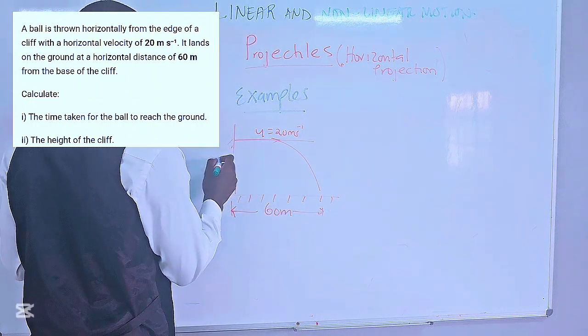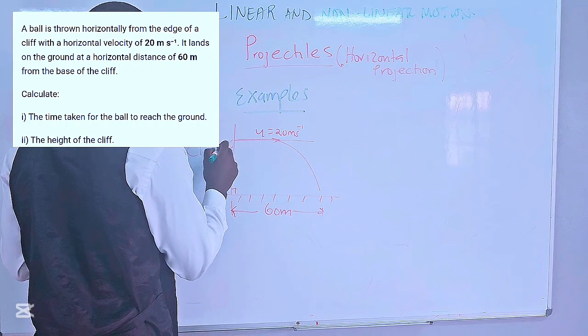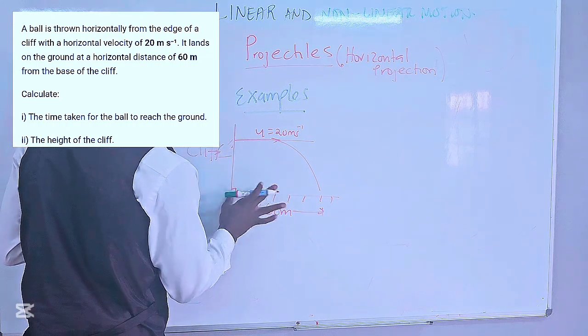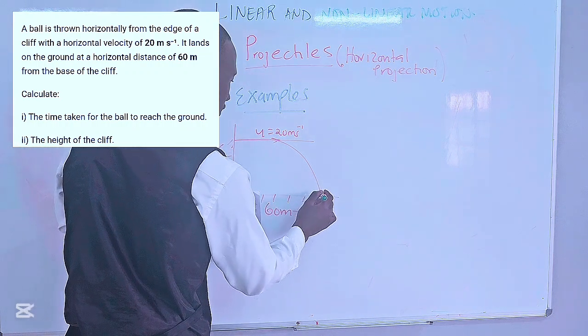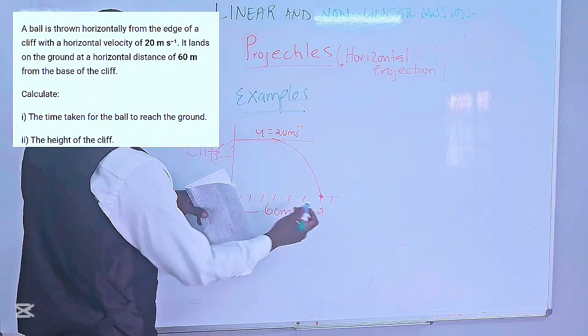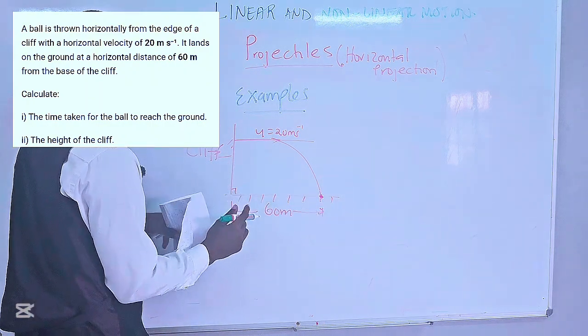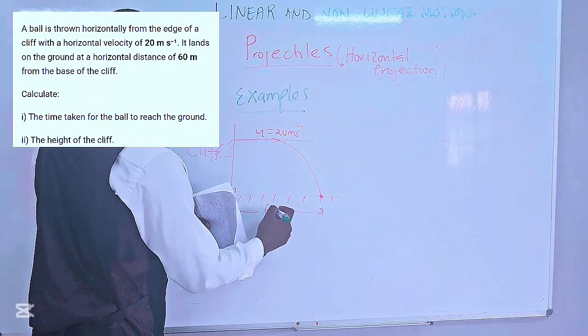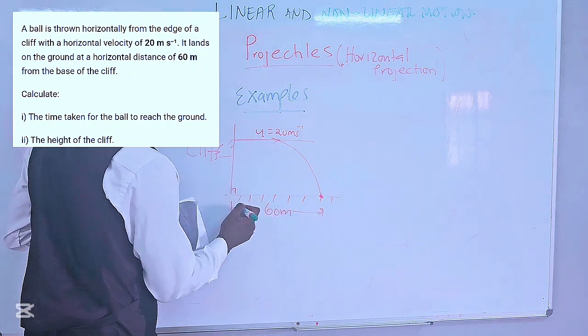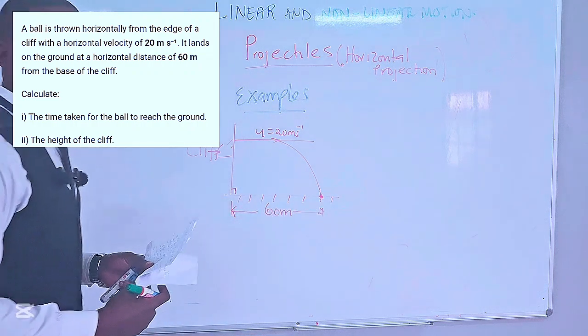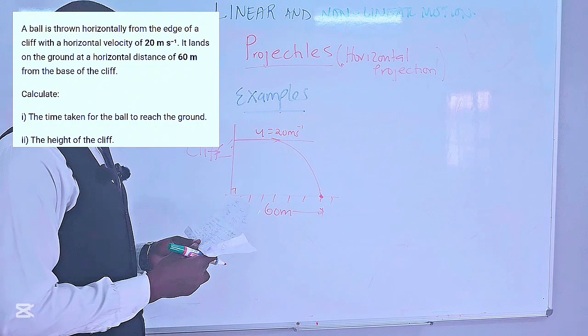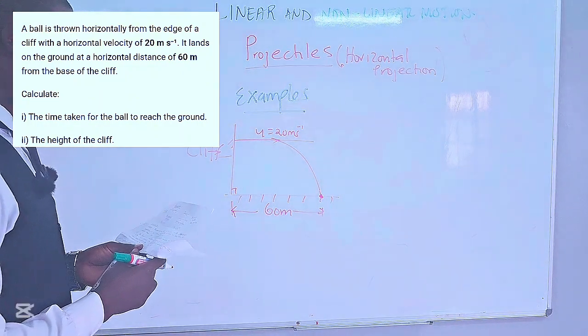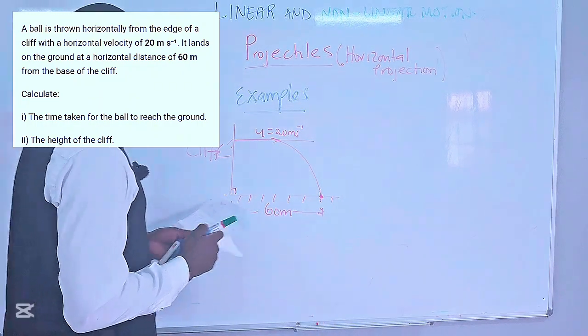So if this is the cliff, it hits 60 meters, it means it hits at a distance which is 60 meters from the cliff. So this is how I draw that. I put 60 meters and I represent it with a distance. You already know what distance is. And they want us to calculate the time.